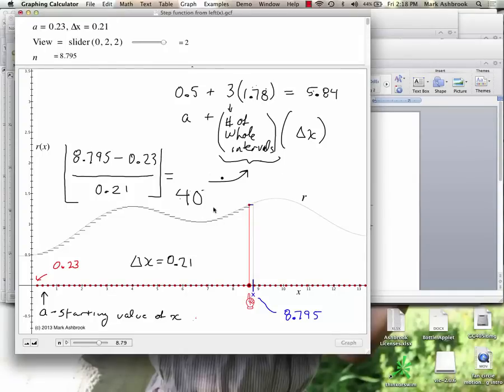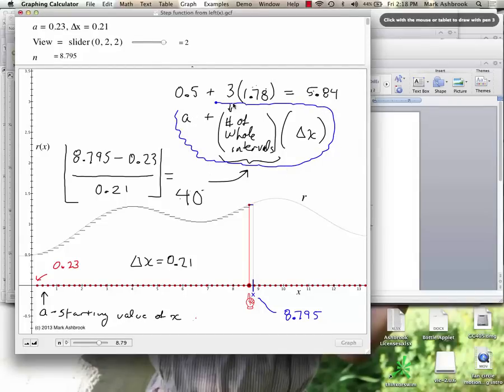Okay. So let's put it all together then. It's going to be this. This is our formula for getting that left x value, right? So it's going to be a plus the whole number of intervals, which we found was the floor of x minus a over delta x, times delta x.